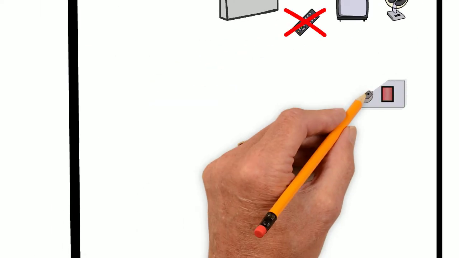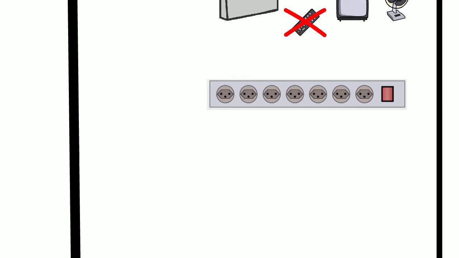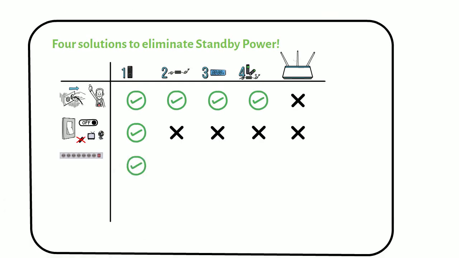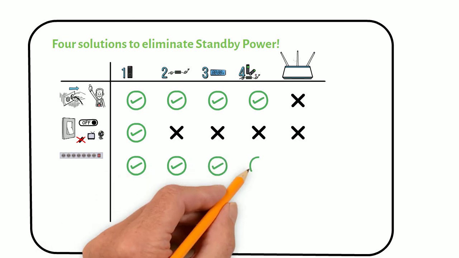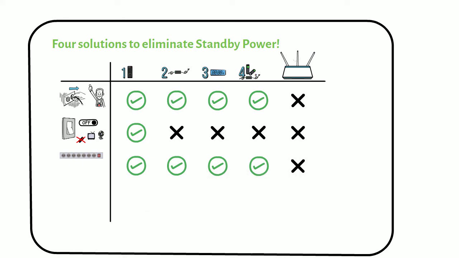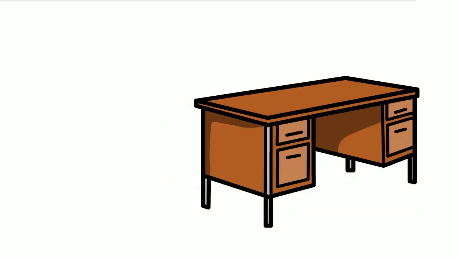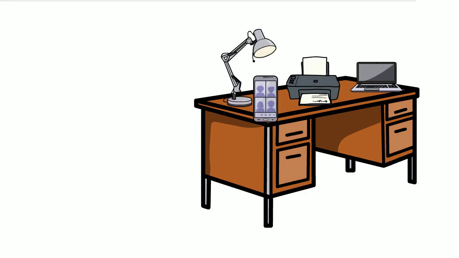Solution number 3. Switchable multi-socket power bar. This is an extension cable with 4 or more plugs in a row connected with a hardware switch. This solution can be applied to all categories, and it is most efficient for areas where you have multiple technical devices nearby and you would disconnect them all together. For example, your working space, where you have your laptop charger, printer, phone charger, and working light.